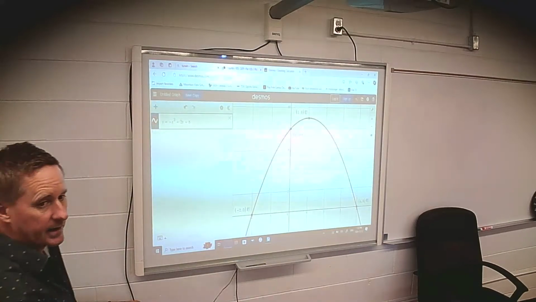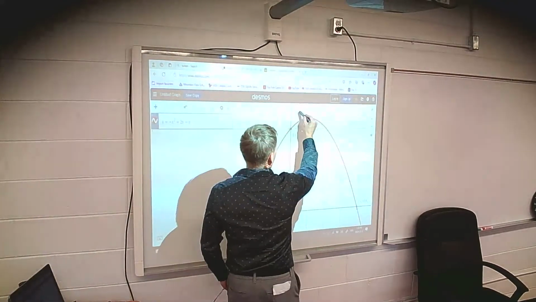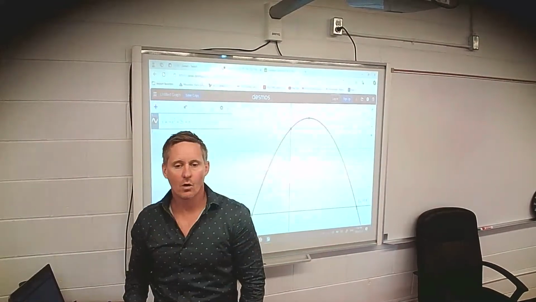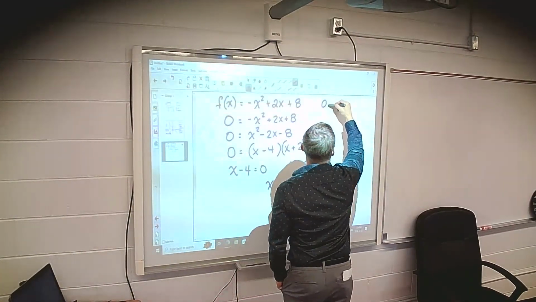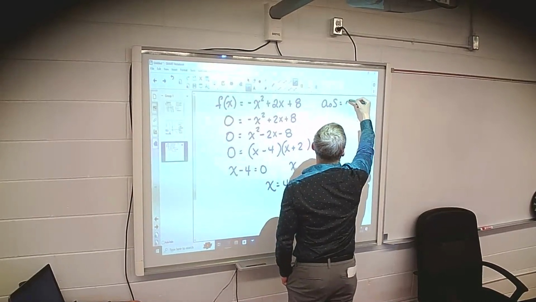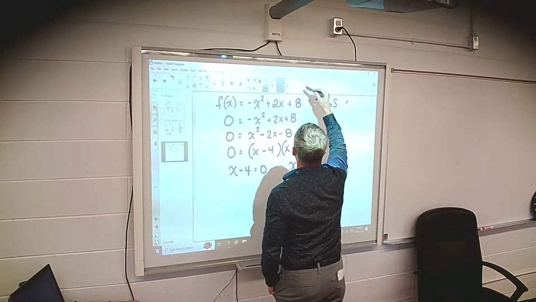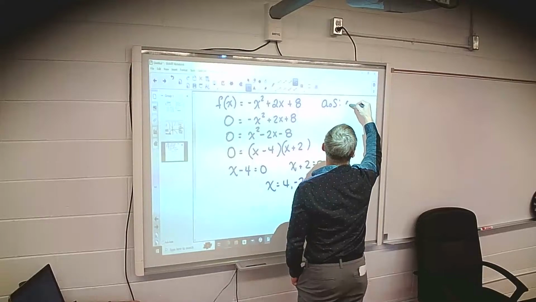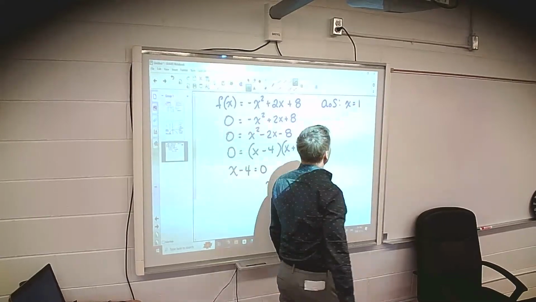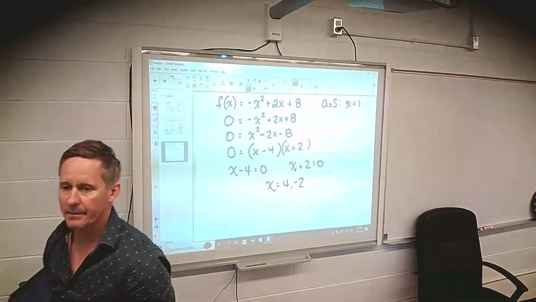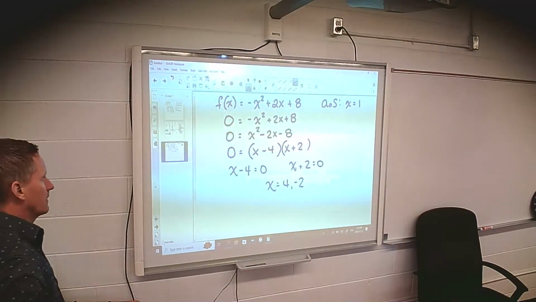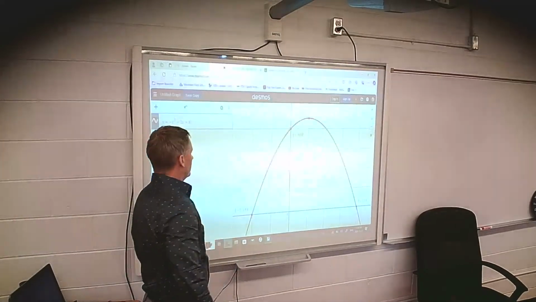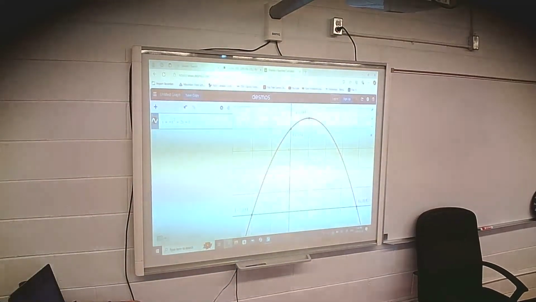Okay, there's your x value, the equation of your axis of symmetry. The equation of the axis of symmetry is x equals 1. What's the domain for this graph?